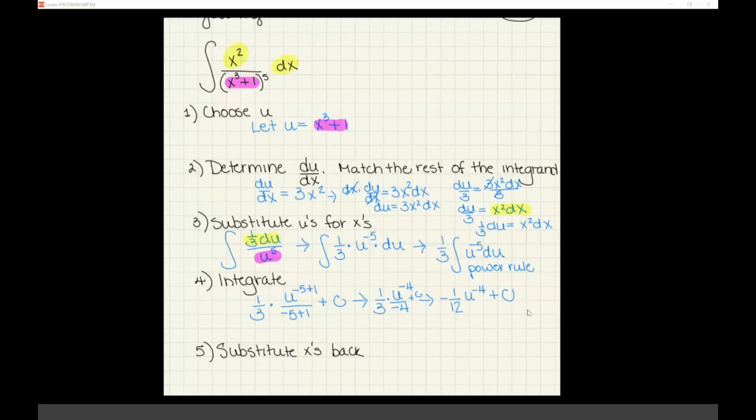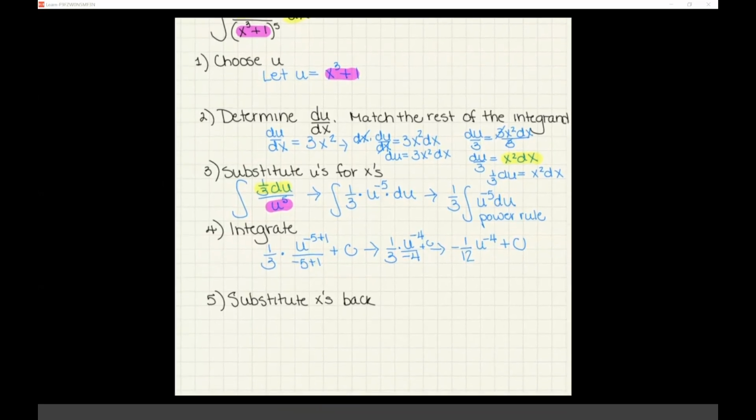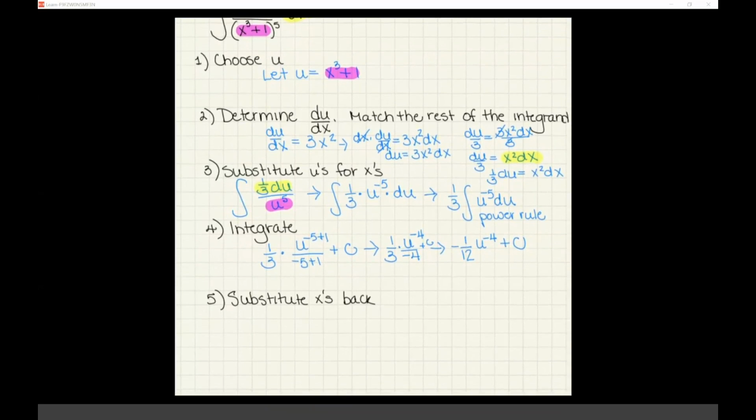Last step is substitute my x's back. Well, I said u was x cubed plus 1. So there's the substitution of my u back with the x's.